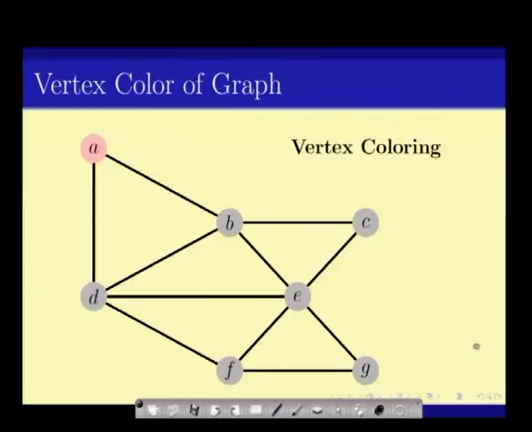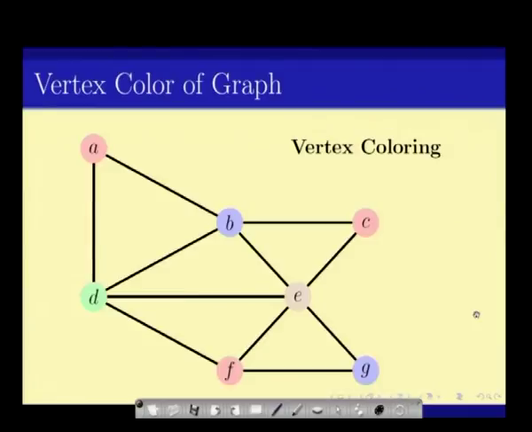Say we color A with red, then we can color B with blue, C again we can color with red, and D we cannot color with red or blue because it is a neighbor of A and B. So, we color D with some new color which we call green, and similarly E we cannot color with either red, blue or green, and we color it with white, and similarly F and G.